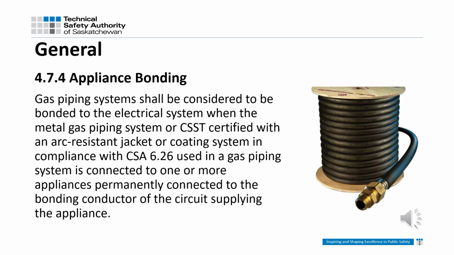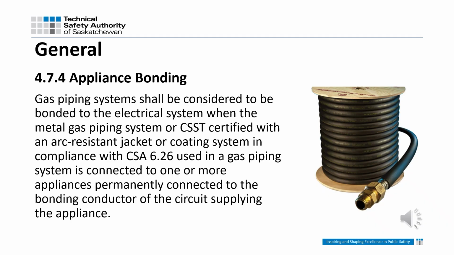Continuing from clause 4.7.3 C, we have 4.7.4, appliance bonding. Gas piping systems shall be considered to be bonded to the electrical system when the metal gas piping system or CSST certified with an arc-resistant jacket or coating system in compliance with CSA 6.26 used in a gas piping system is connected to one or more appliances permanently connected to the bonding conductor of the circuit supplying the appliance.